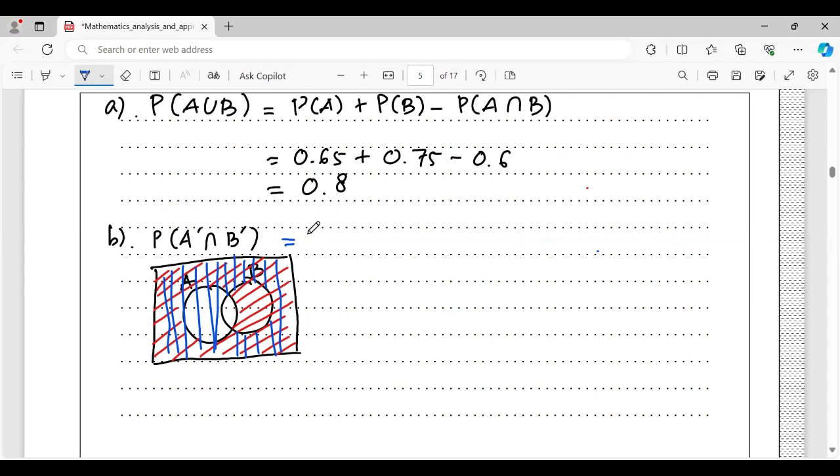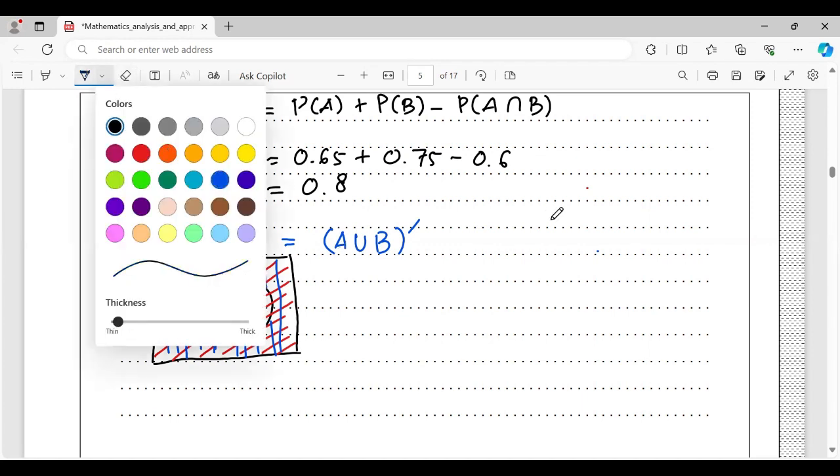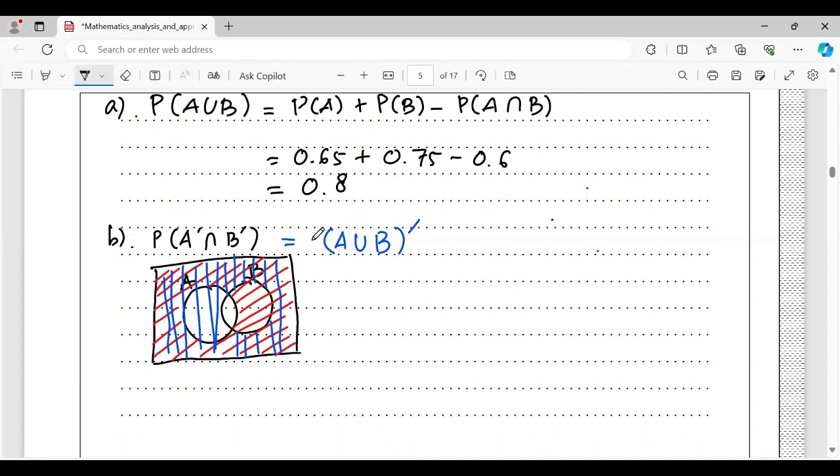So actually, the intersection of non-A and non-B is the same as (A union B) apostrophe, or non-(A union B). I will sketch that.